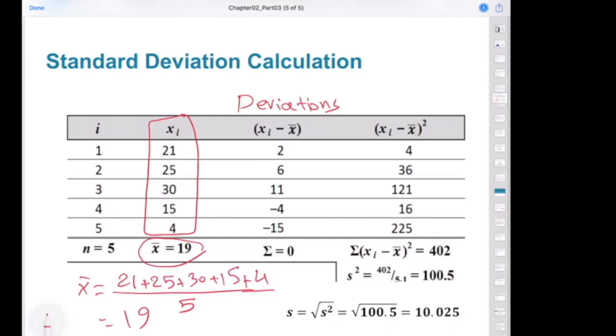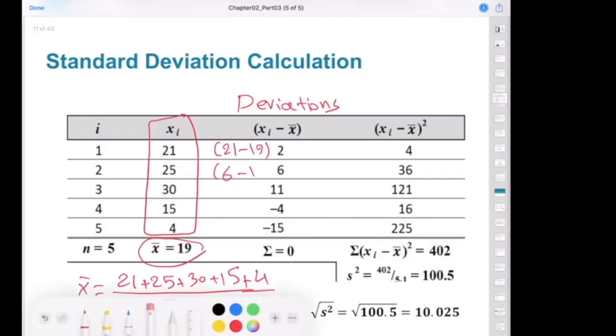Okay? So the first deviation is 21 minus 19. The second deviation, 25 minus 19.